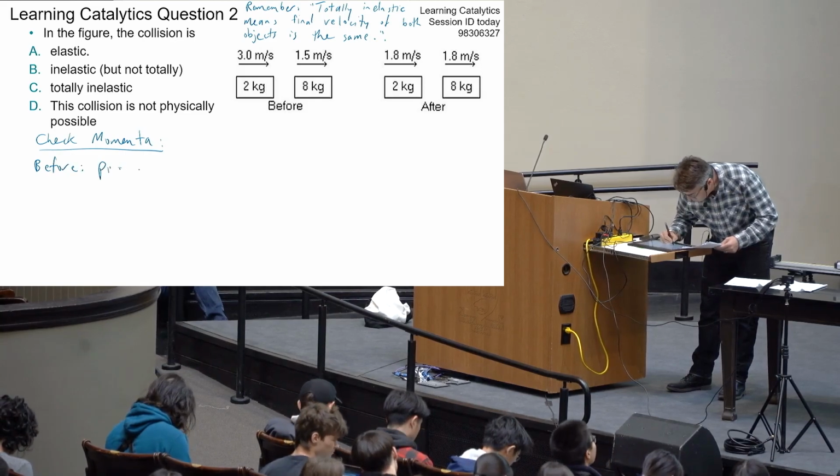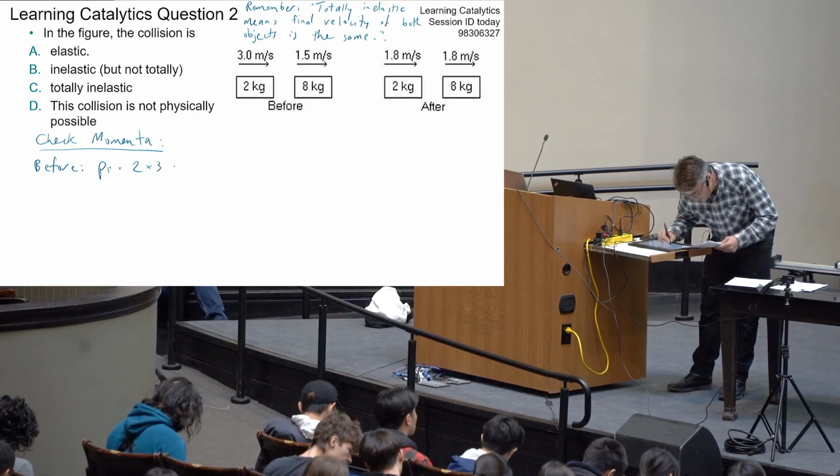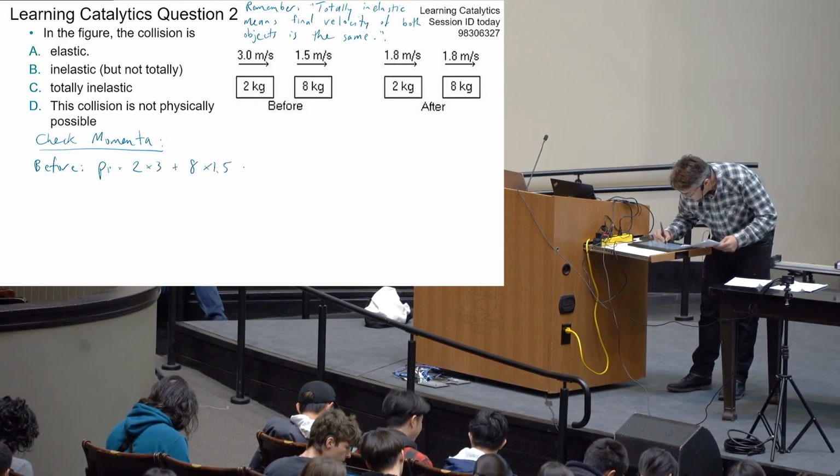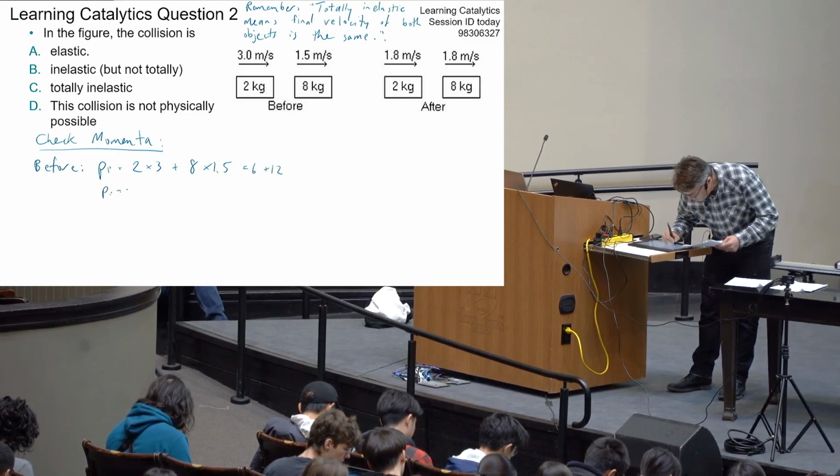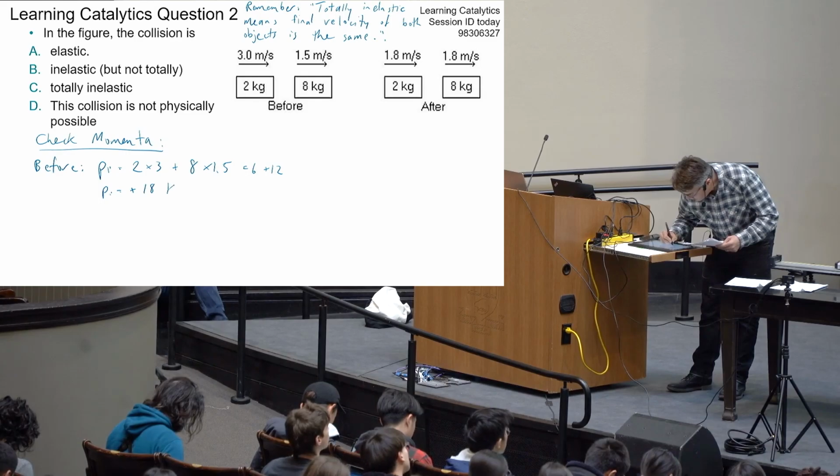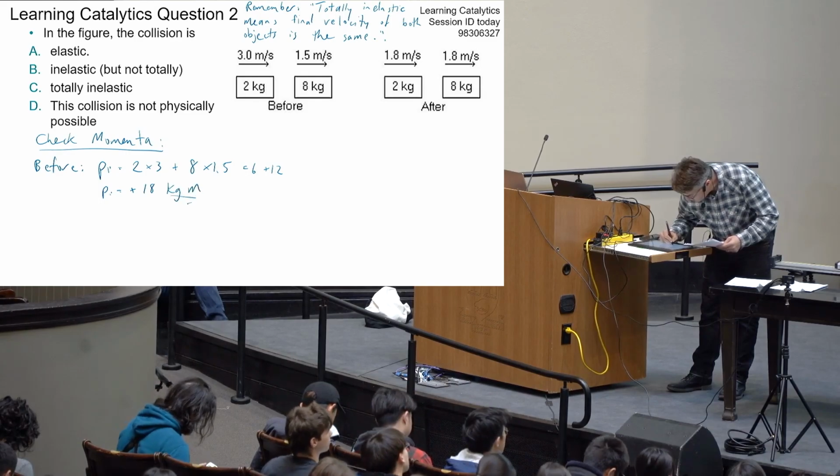P initial is equal to 2 times 3 plus 8 times 1.5, which is 6 plus 12. So P initial is plus 18 kilograms meters per second.